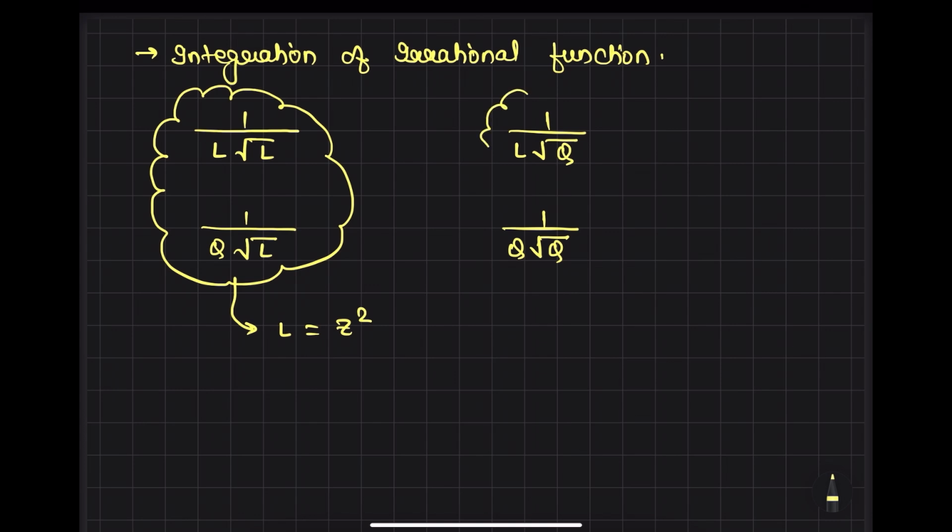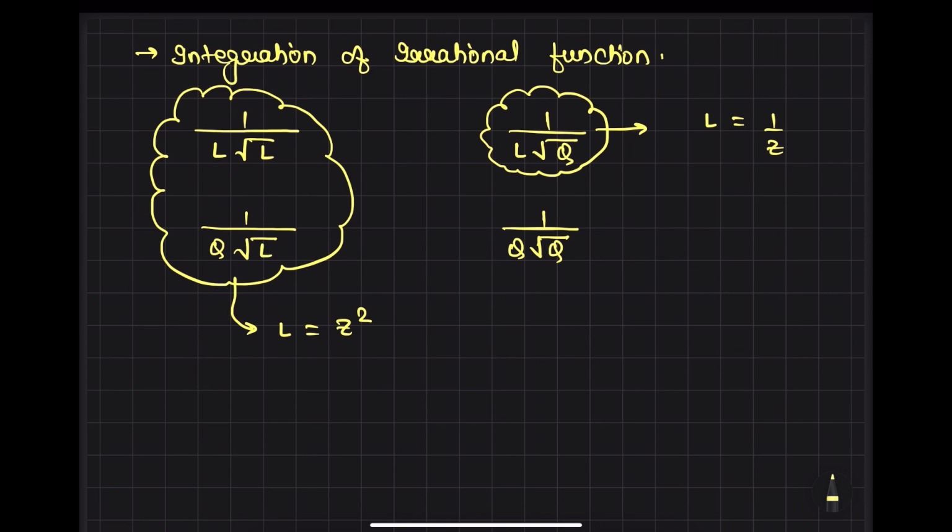Under this scenario, when linear is waiting outside, you will take linear as 1 by z. So if inside the root you have a quadratic and outside the root linear is waiting, you will take linear as 1 by z and things are done.